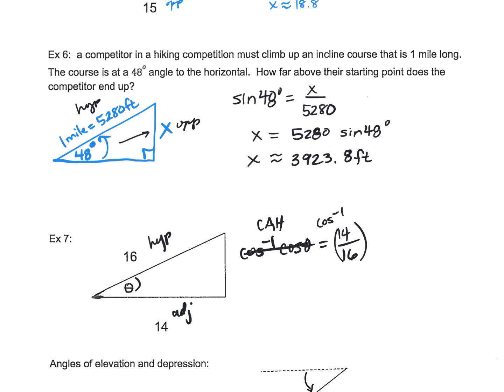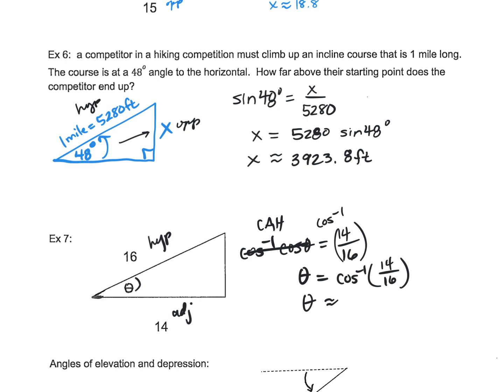And that goes away, and we're just left with theta. So we just have to find the inverse cosine of 14 over 16. So hit second cosine, and then put in your 14 over 16, right?